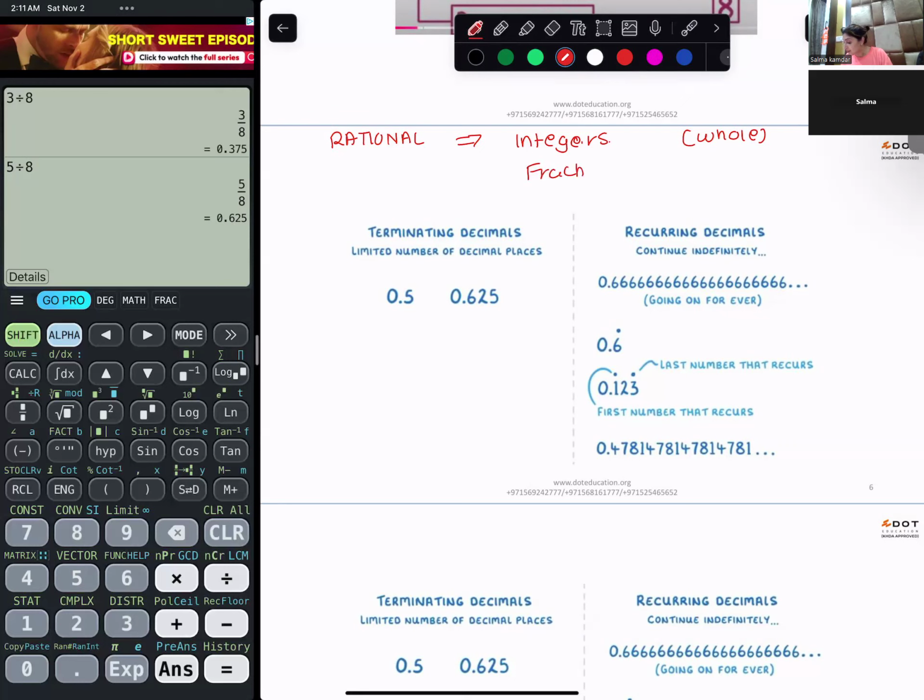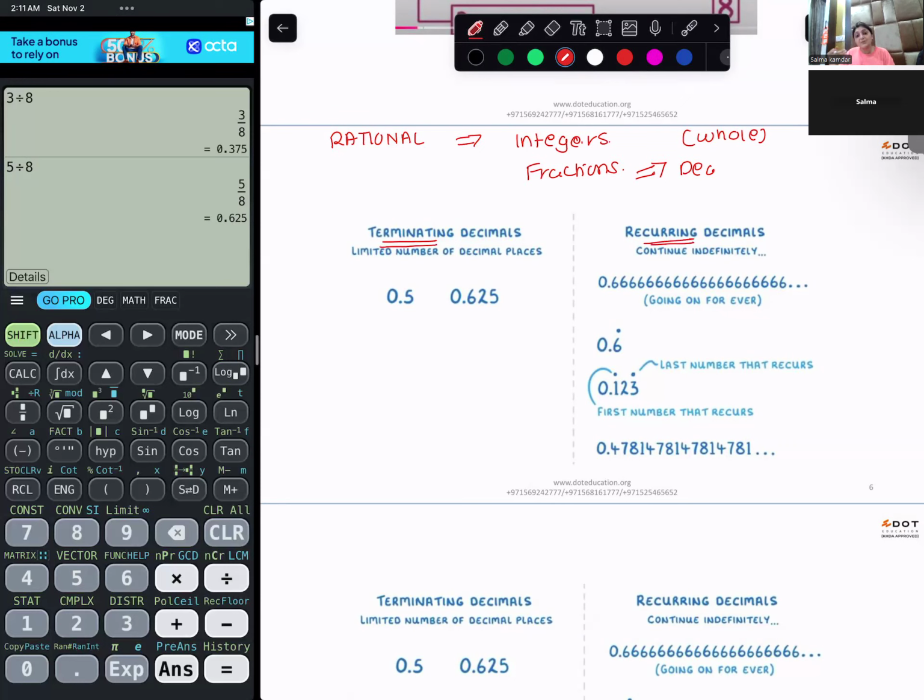Fractions are your rational numbers. And these fractions, when you convert them into decimals, should either be a terminating decimal or a recurring decimal. When I say it should be a terminating decimal, that means 0.5 or 0.625. It is a terminating decimal. This is a rational number.